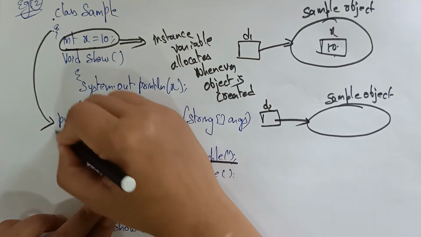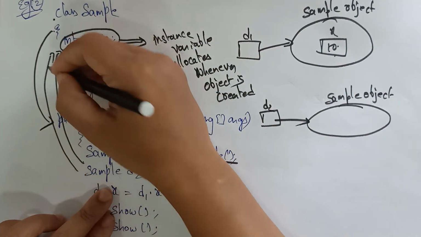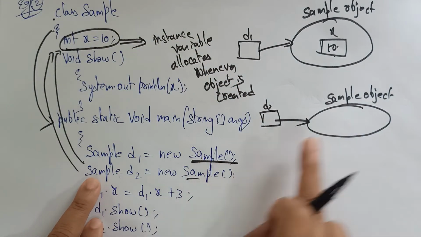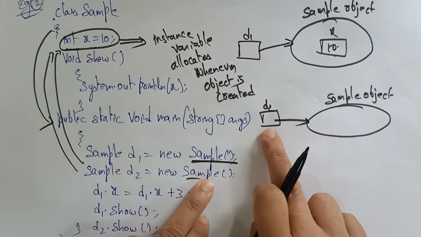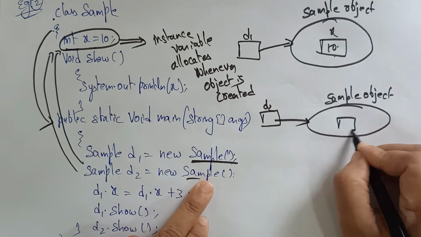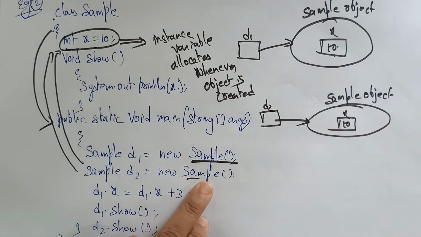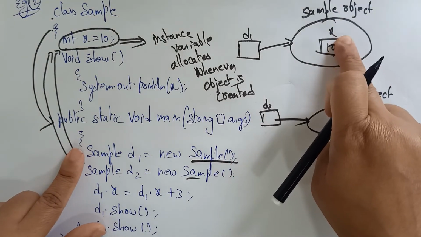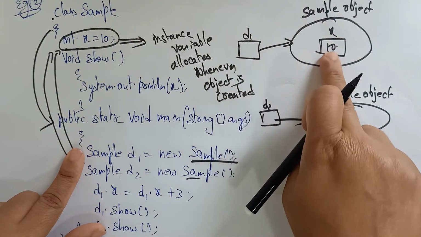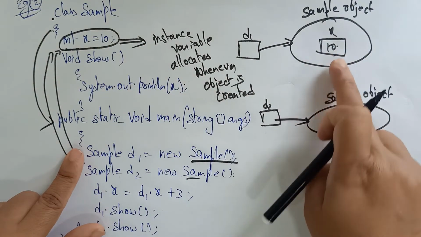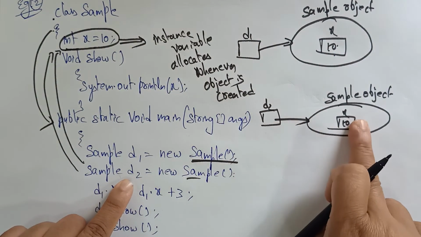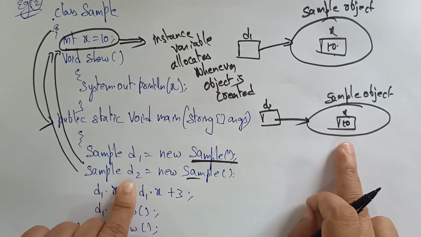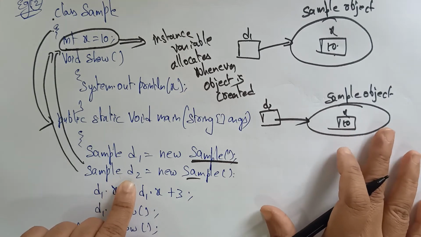If you want to access this instance variable, the object has to be created first. The Sample object was created with the reference d2. These two steps are clear: one object is created to allocate memory for the instance variable, and another object is created to allocate memory for its instance variable. Up to here this is clear.